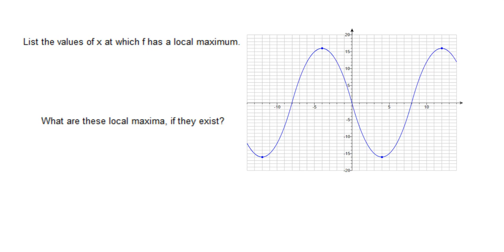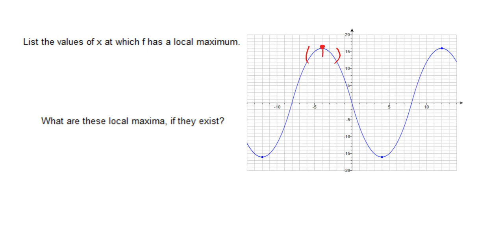Maximum would be the highest y value, and local maximum is the highest y value in a local area. If we narrow our focus down to a nearby area, we can see very clearly that this is the highest y value in the nearby area.